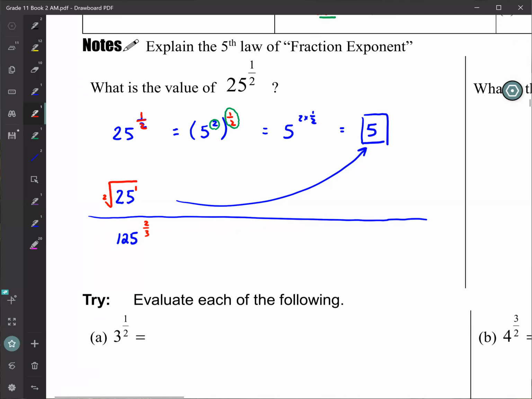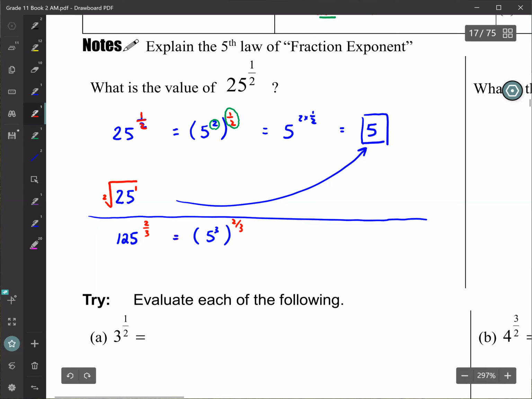So 125, I can rewrite it as 5 cubed, because 5 times 5 is 25, times 5 again is 125. So I can do something similar: 5 cubed, to the 2/3.